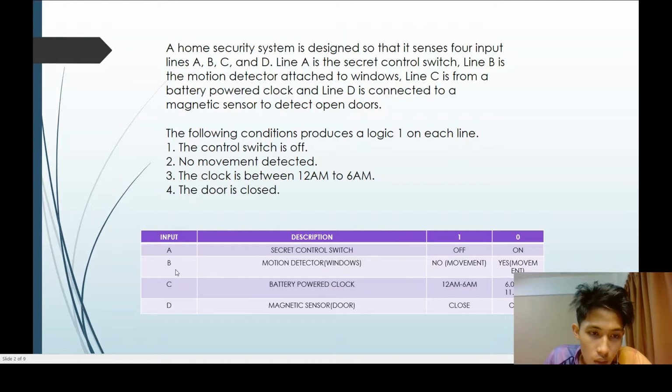For input C, the battery power clock, it will be 1 if the clock is between 12 am to 6 am, and 0 for other times. For the last one, D, the magnetic sensor door, when the door is closed the input will be 1, and when it is open the input will be 0.